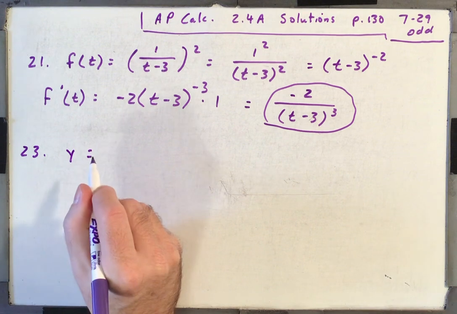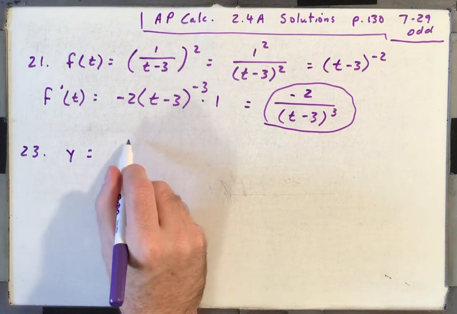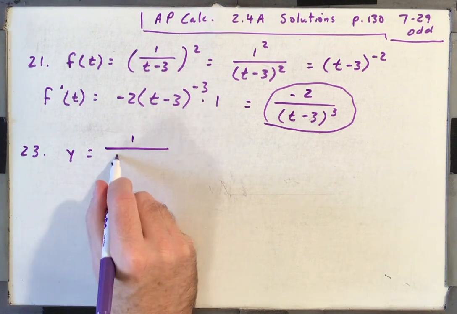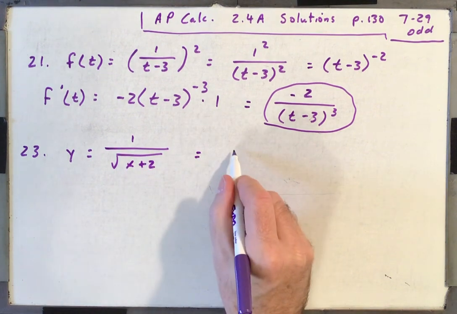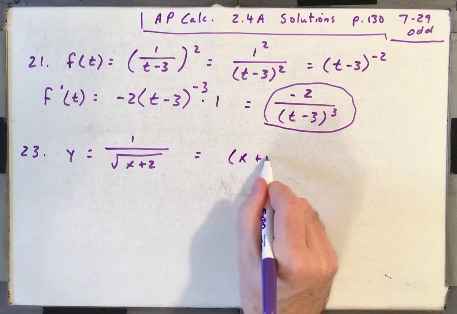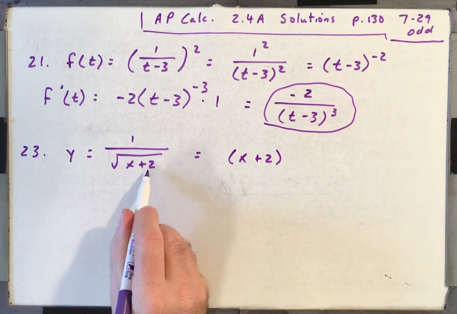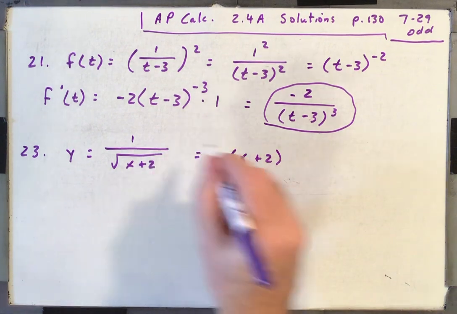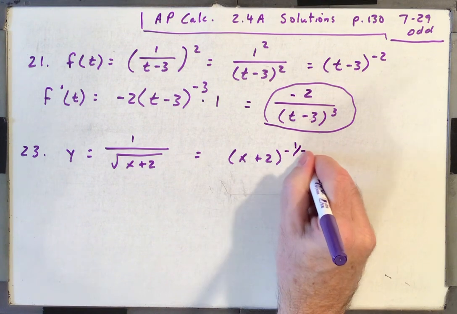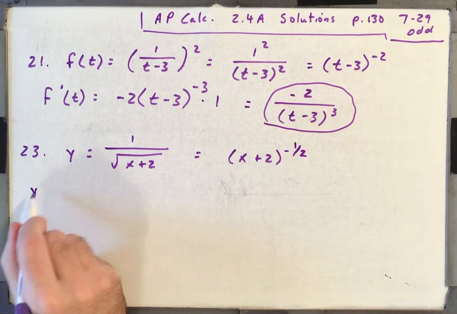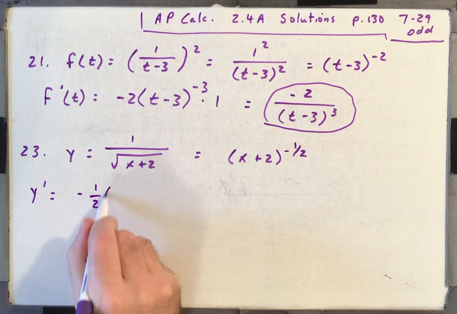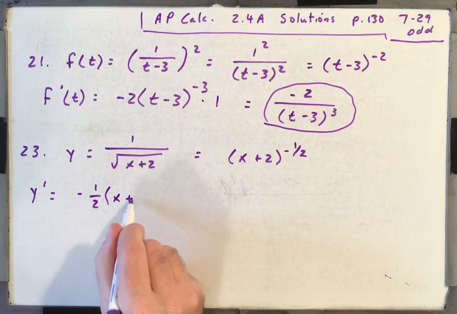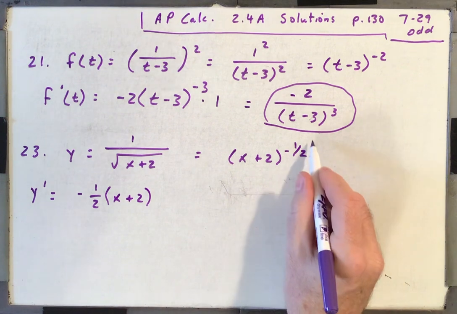We have y is equal to 1 over the square root of x plus 2. Well, that's the same thing as x plus 2 to the 1/2, right? So if we brought it up top, to the negative 1/2. So y prime is going to be negative 1/2 times x plus 2. Well, what's negative 1/2 minus 1?